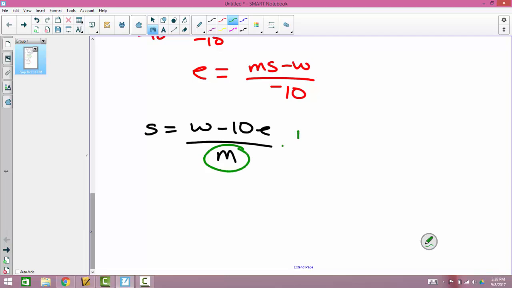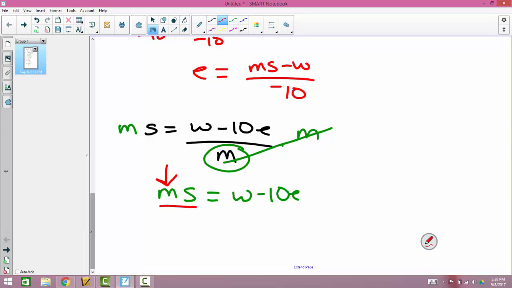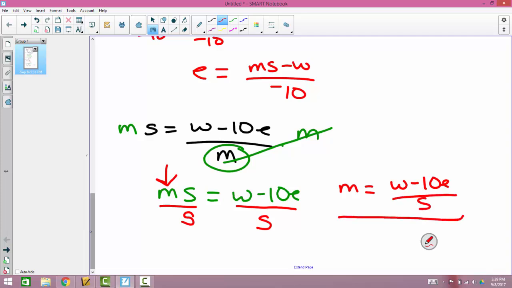So to get the m alone, we first need to get it off the bottom. So let's go ahead and still multiply by m. So ms equals w minus 10e. If our goal is for the m to be alone, you need to get rid of the s. An m next to an s means multiplication, so to undo that, you're going to do division. So m equals w minus 10e divided by s, and that is your answer.